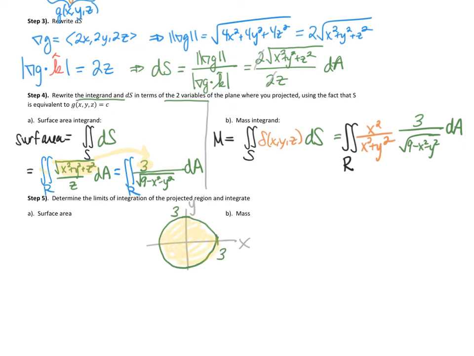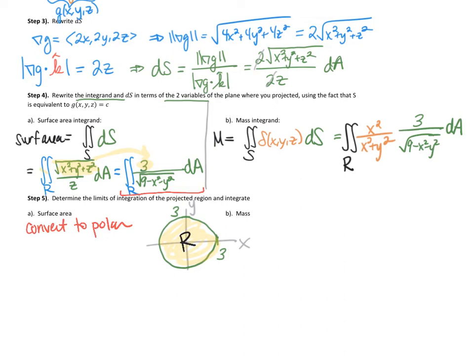This is my region R. And now the question is, I'm ready to set up my bounds, but before I do, before I say, oh, let's keep this in Cartesian, you should be saying, wait a minute, if you're integrating over a circular region like this, instead of setting this up in Cartesian, you should, wait for it, that's right, convert to polar. So let's now take this, pretend that you just had this integral and this was back last chapter when we were doing polar, and you're switching it to polar.